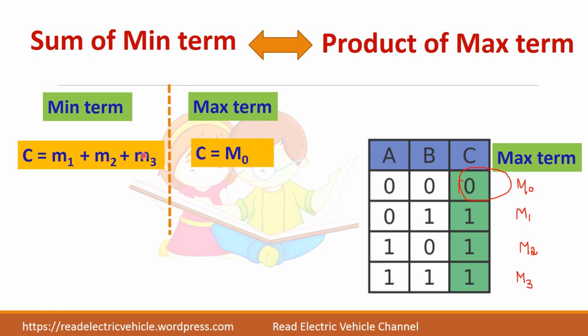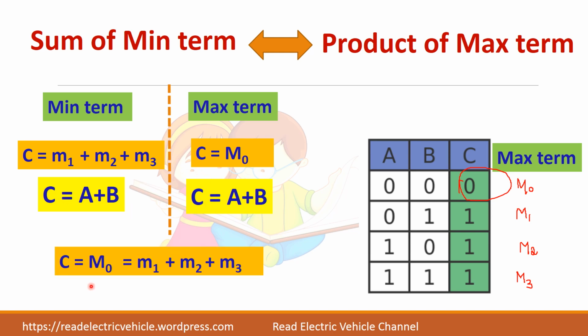So what you can see here is that whatever numbers 1, 2, 3 are present here are not present in the max term. But both will give you the same output. It means that both are the same.